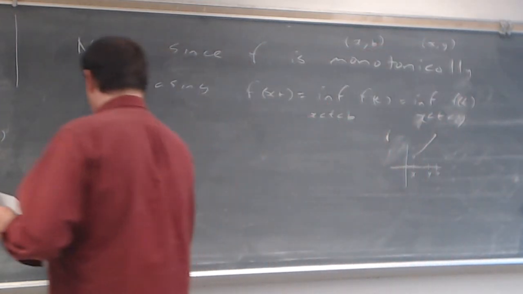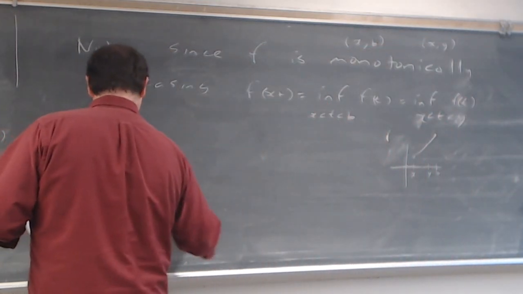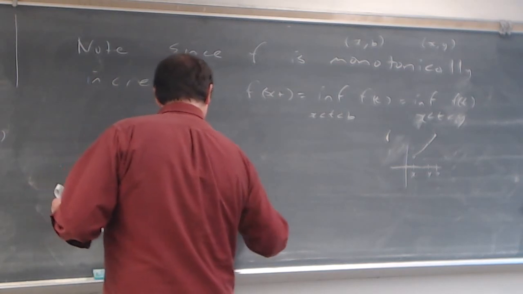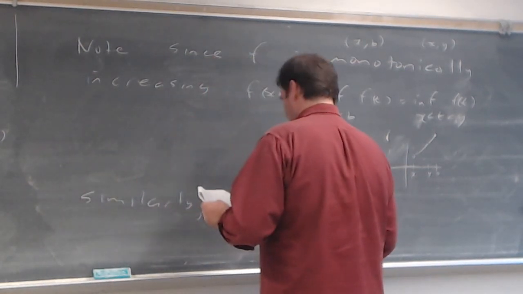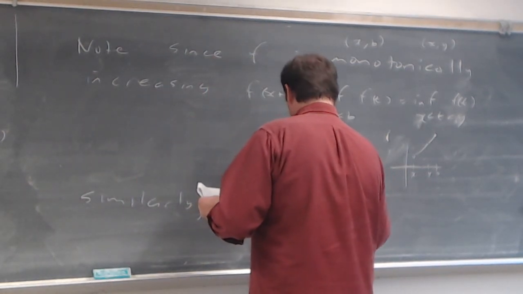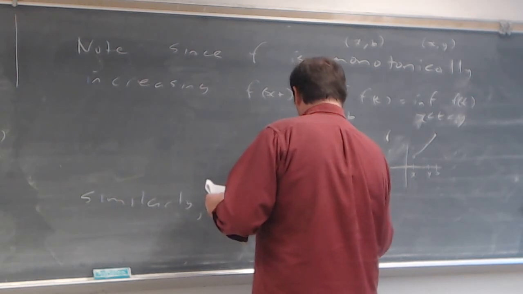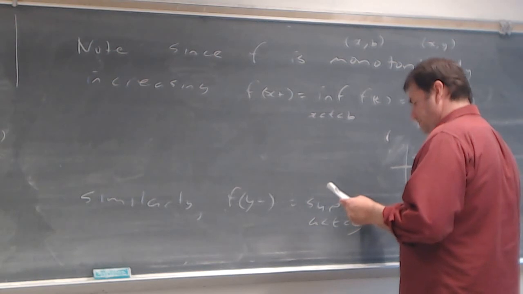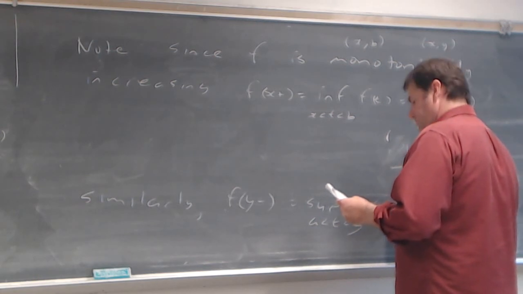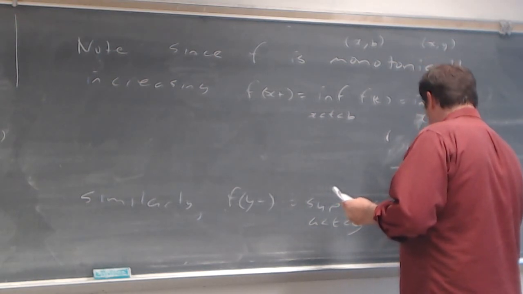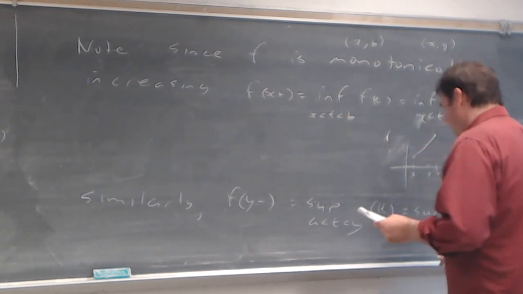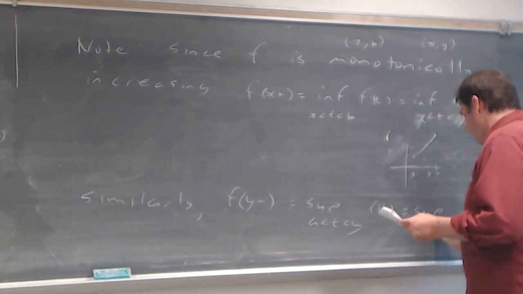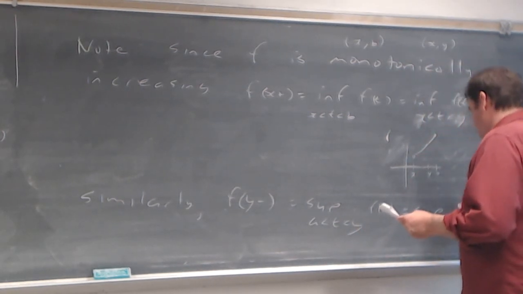Similarly, f, the left-hand limit at y, which equals the sup over all t values in between a and y of f of t, is equal to the sup of all the t values in between a and x of f of t.